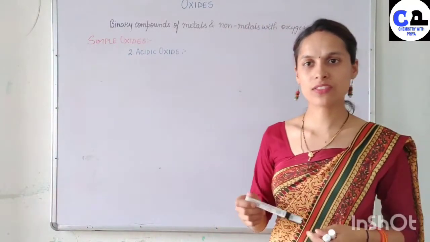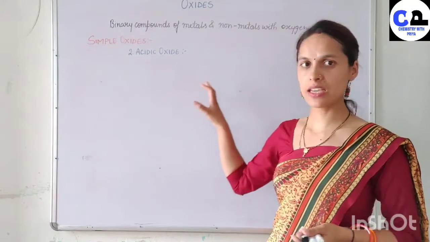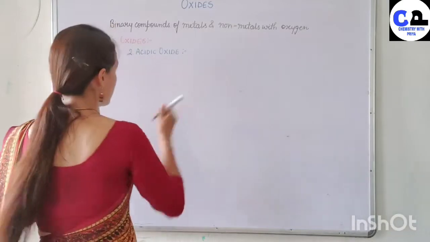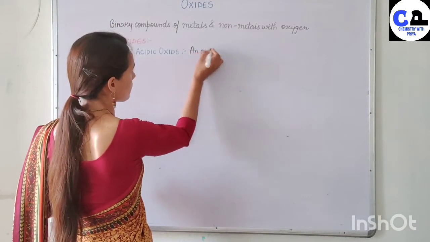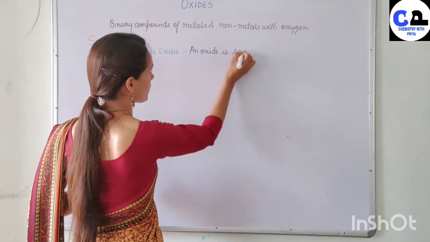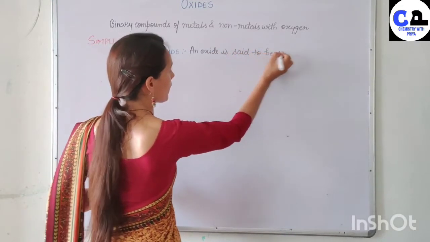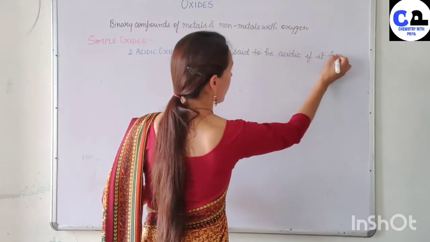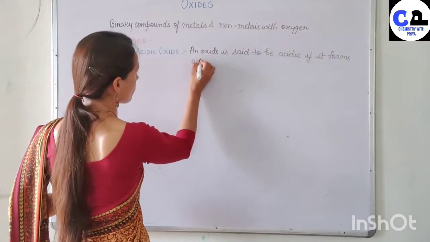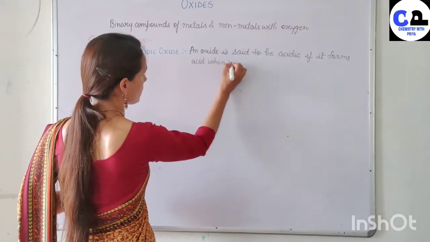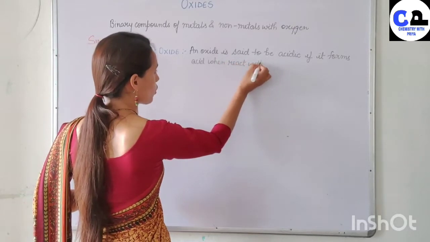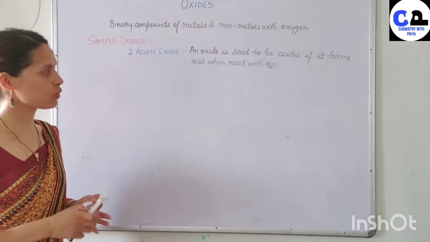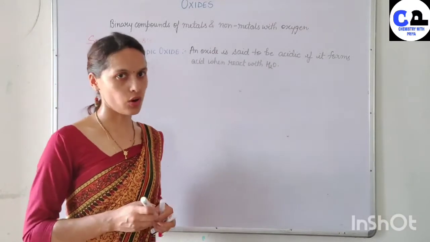In basic oxide we studied that an oxide is said to be basic if it forms a base when reacted with water, and an oxide is said to be acidic if it forms an acid when reacted with water. So those oxides which form acids when reacted with water are known as acidic oxides.